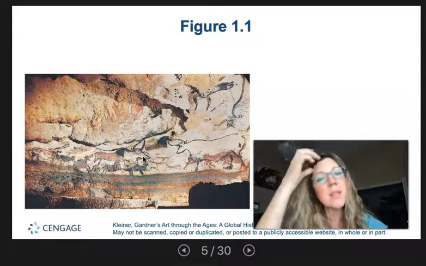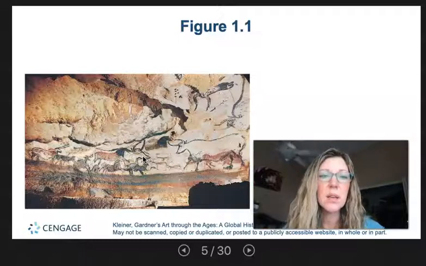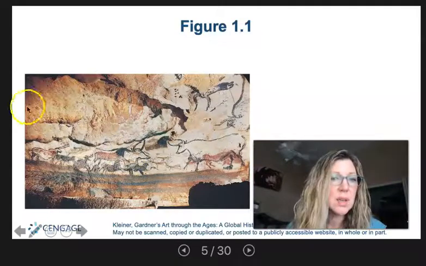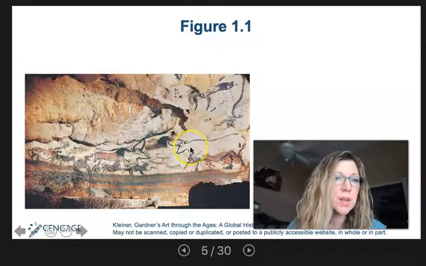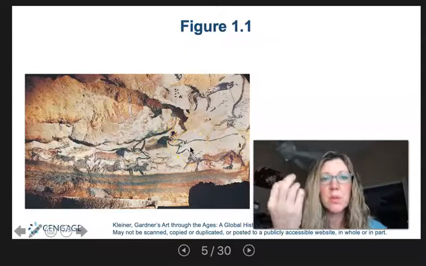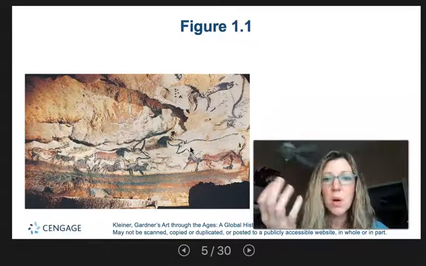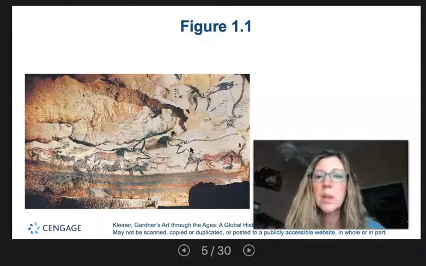So this is an example where the setting has determined the form of the artwork in part. Even the dimension of the bull, how it comes forward, is strictly due to the naturally occurring cave wall.